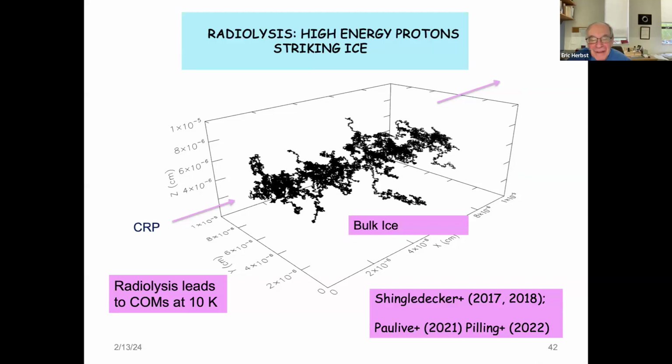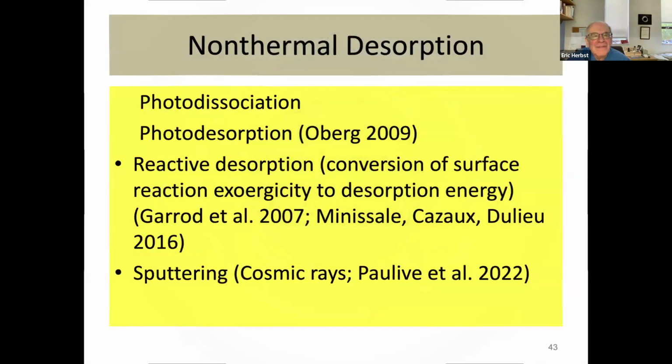People have calculated this and also measured it. So there's a lot of radiolysis. It's very popular to measure these things because they do lead to carbon atoms, as long as you have some cosmic ray protons and some other things that have carbon atoms. So anyway, that's yet another way of making these COMs.